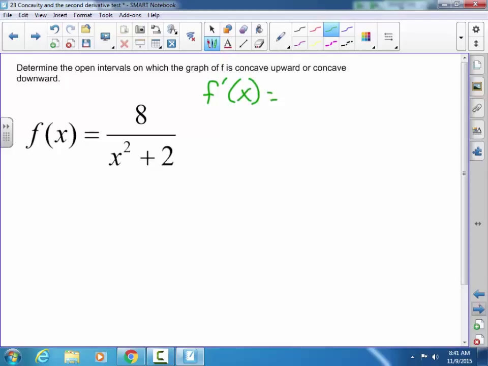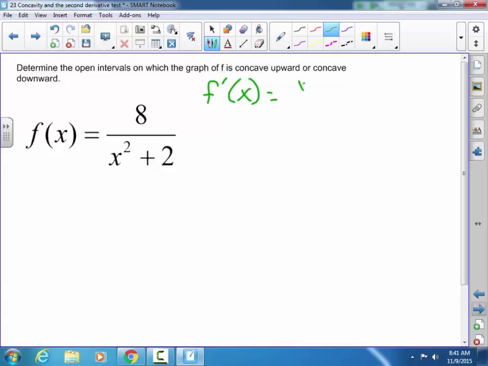How are you going to take the first derivative of this thing? 0, so you would end up with 0 plus 80 times 2x over x squared plus 2 in parentheses squared. Yes, you can do low d high minus high d low, or you can bring x squared plus 2 to the numerator and make it -1, whichever way you want to go about doing it there, okay?